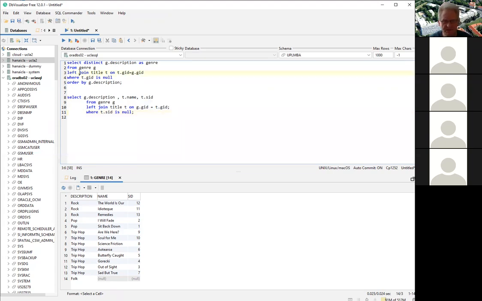Yeah, instead of from title left join genre, we have genre left join title. If we would switch that, let's do that here. And let's take this one here.